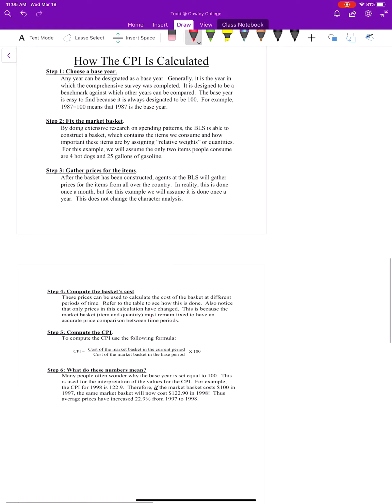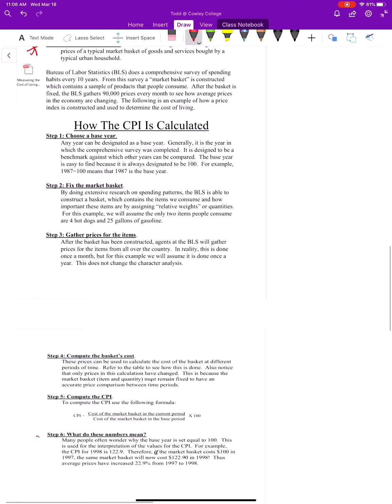Now, as it turns out, there are 6 different steps to actually calculating the consumer price index. The first, and maybe even the most important step in doing this entire thing, is choosing what we call the base year.